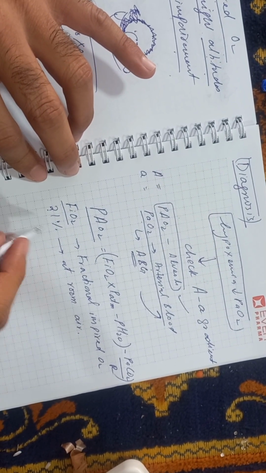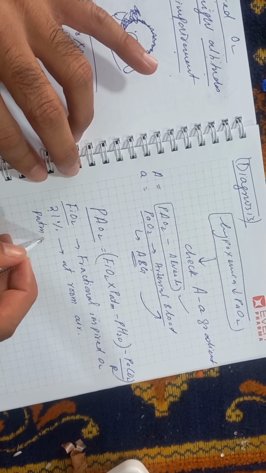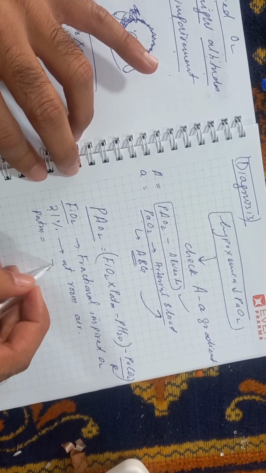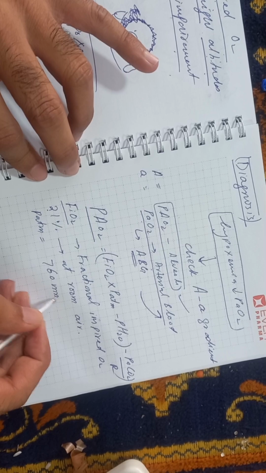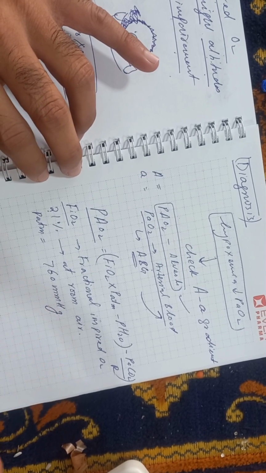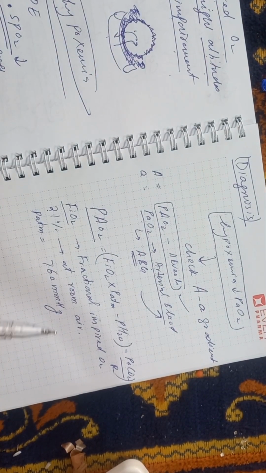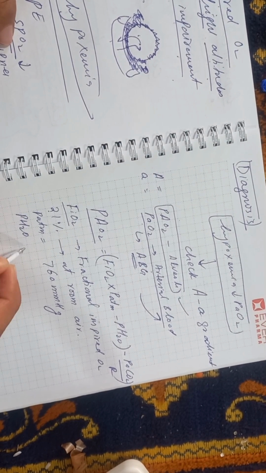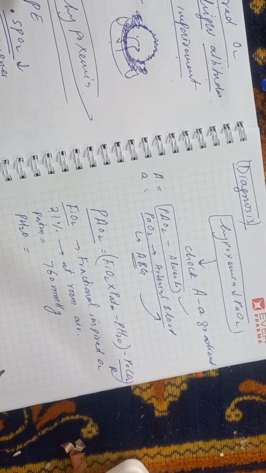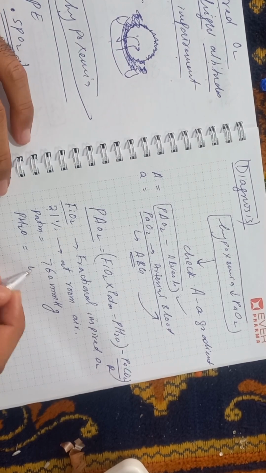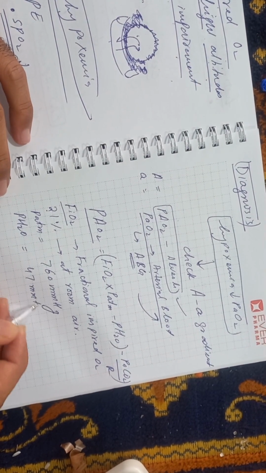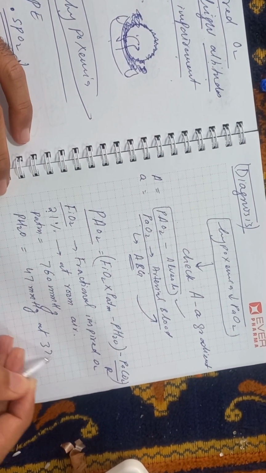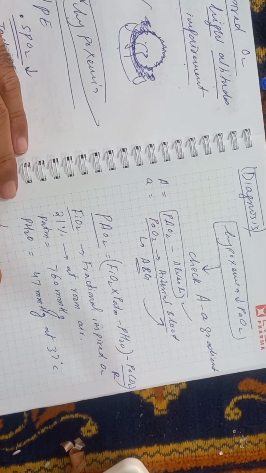And what does PATM mean? Of course, it is atmospheric pressure, which is 760 millimeter of mercury at sea level. All right, and what is PH2O? It is partial pressure of water vapor. Its value is 47 millimeter of mercury at 37 degrees centigrade. And what is PCO2?